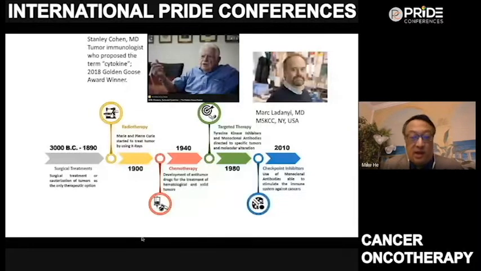He is a major figure for the next wave of immunotherapy, which is the immune checkpoint inhibitor therapy. For the last decade, he was awarded a Nobel Prize a few years ago for his major contribution to this checkpoint inhibitor therapy. Next slide, please.